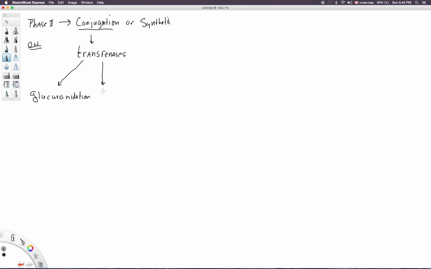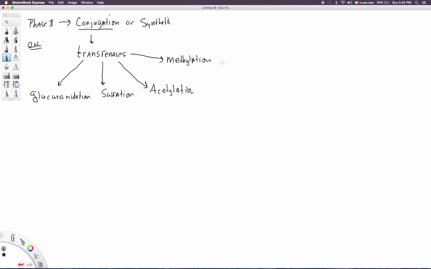Another reaction is sulfation. All right, so adding a sulfur-containing group. We could also have acetylation. All right, so instead of breaking up acetyl groups, we're adding acetyl groups. We can also add methyl groups, what's known as methylation.